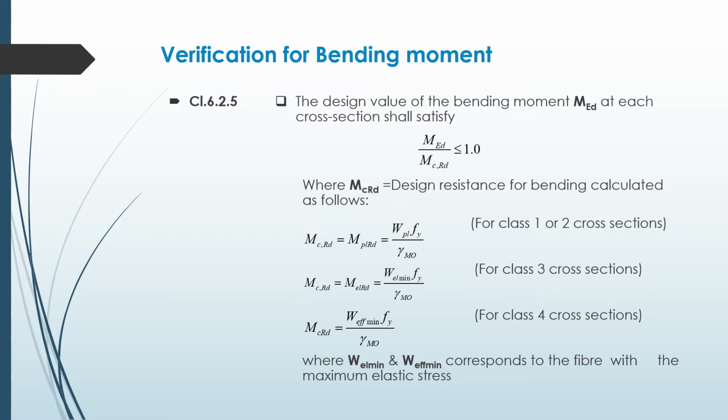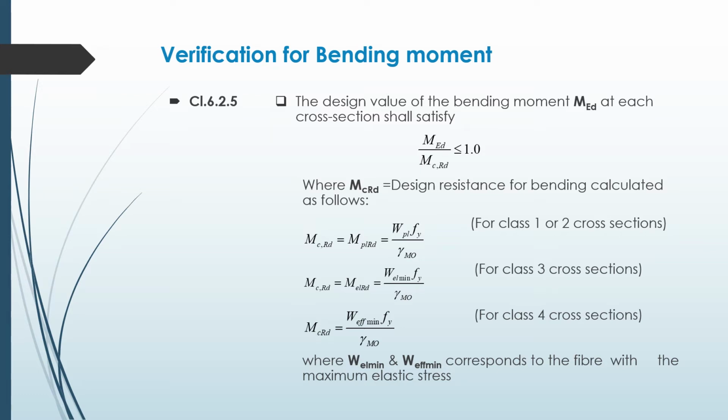Having done the section classification, now is the time to perform the capacity verification of the beam cross-section. Clause 6.2.5 of the code provides the criteria to perform the verification for bending moment.